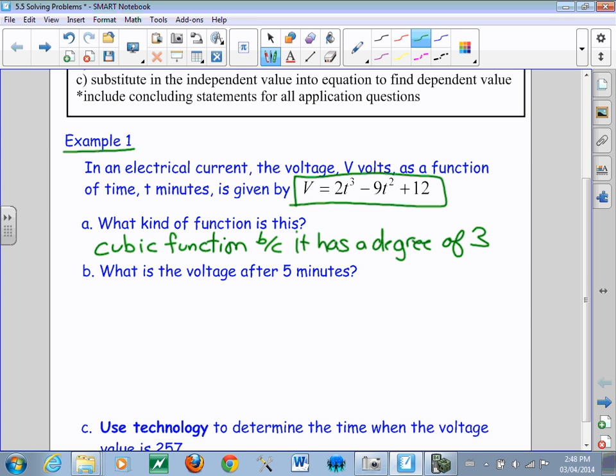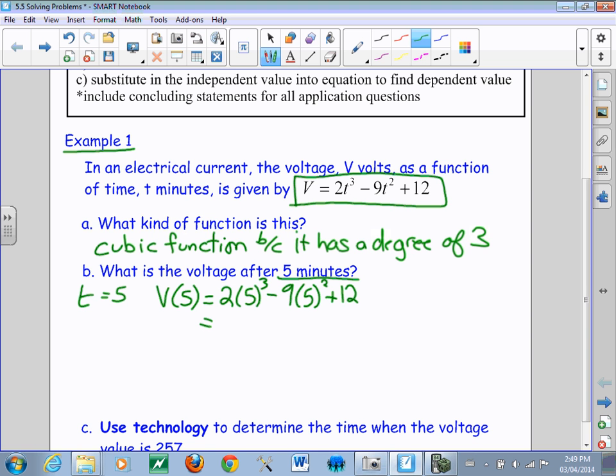All right, what is the voltage after 5 minutes? So we're going to sub in T equals 5. So instead of V at T, we're going to go V at 5. They just didn't put that down. I'm just changing it to function notation. Equals 2 times 5 cubed minus 9 times 5 squared plus 12.